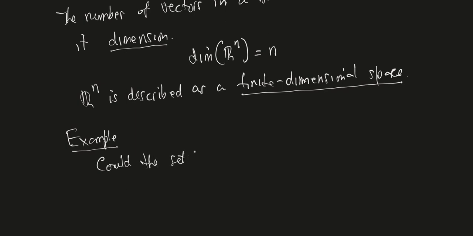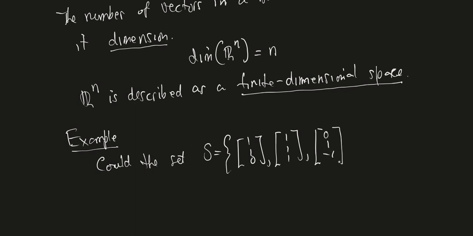Could the set S, so here are my vectors (1, 1, 0), (1, 1, 1), and (0, 1, -1), be a basis for R3?